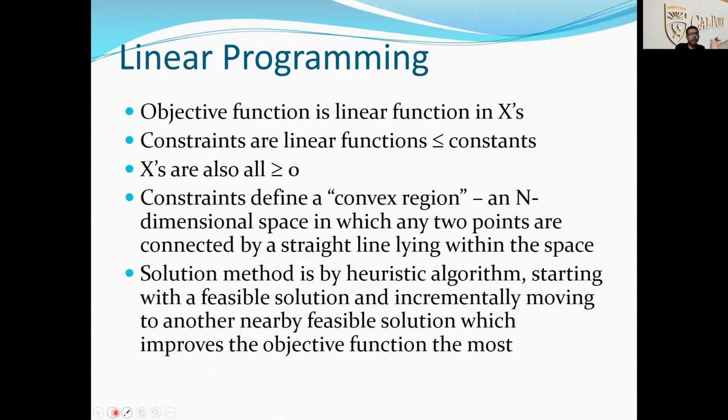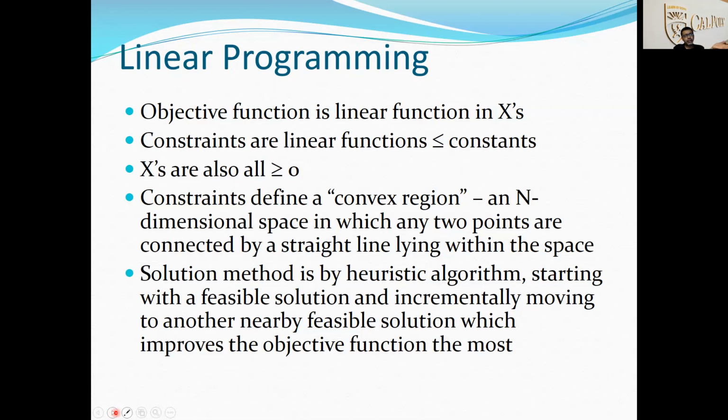But in linear programming, here are a couple of things that are very important to us. The objective function has to be a linear function, so the example that we saw could not be solved using linear programming. Constraints also have to be linear functions, less than or equal to constants. X's have to be greater than or equal to 0. And the constraints define a convex region.